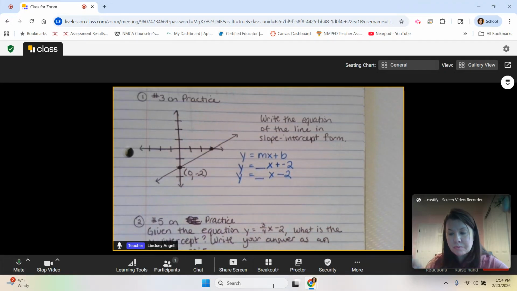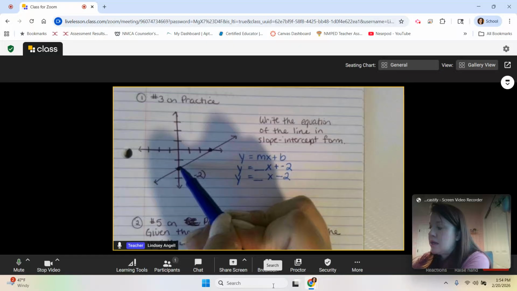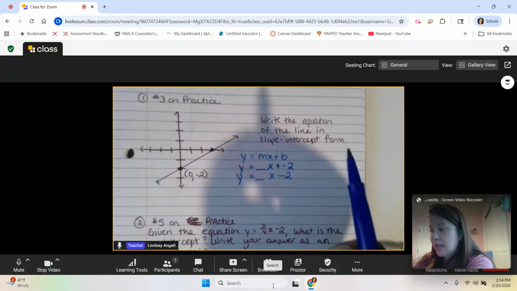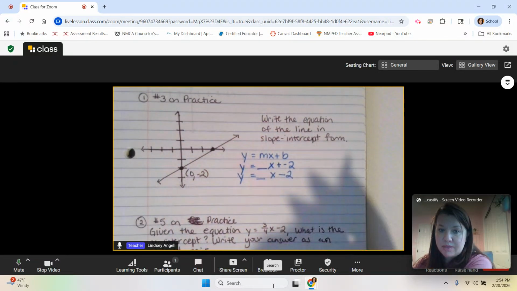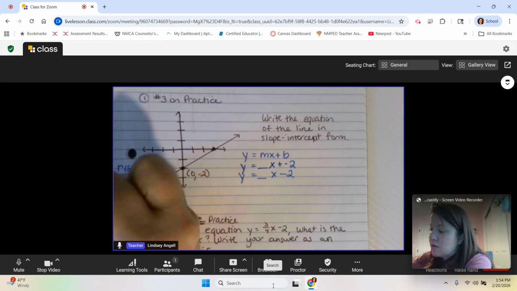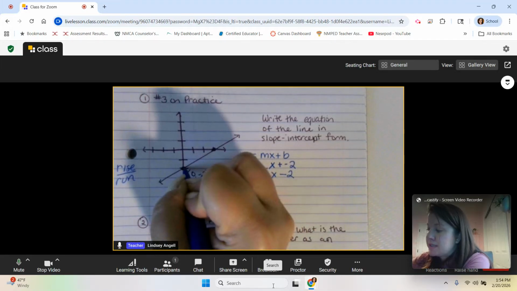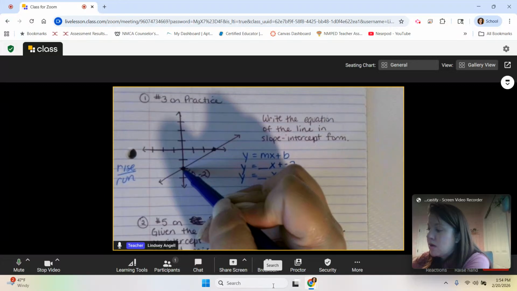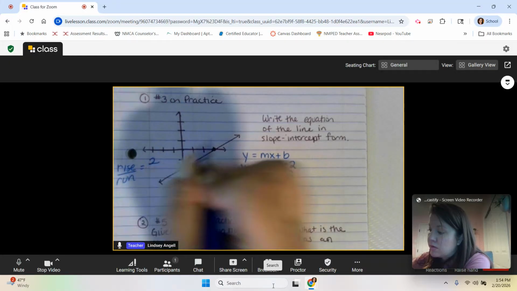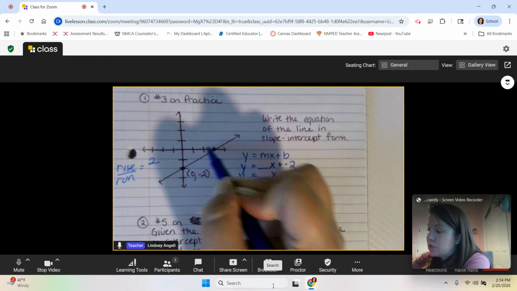Remember, slope is the change of the y value over the change of the x value. We can take the 2 points that we are given and find the change. We can think of it as rise over run. From this point to this point, we go up 1, 2, and over 1, 2, 3.